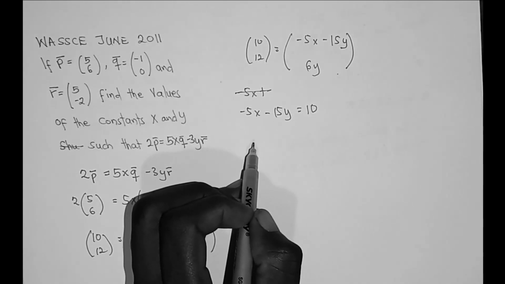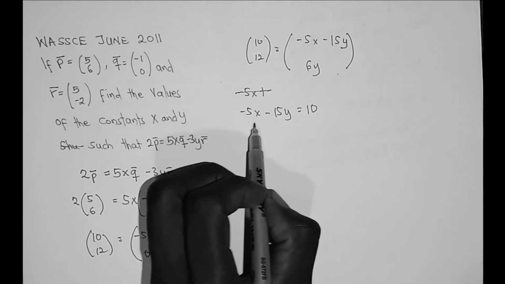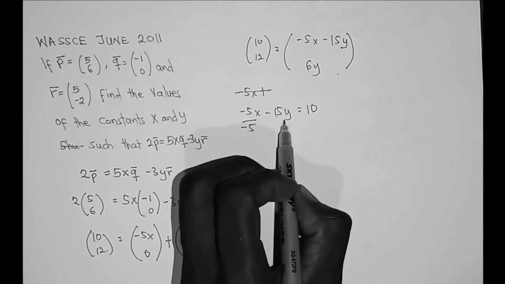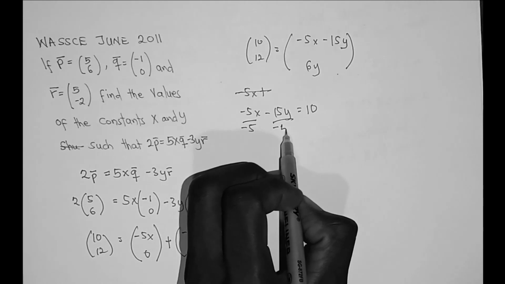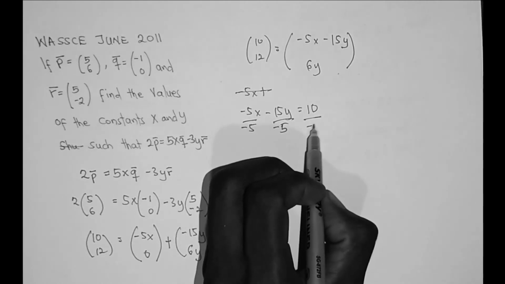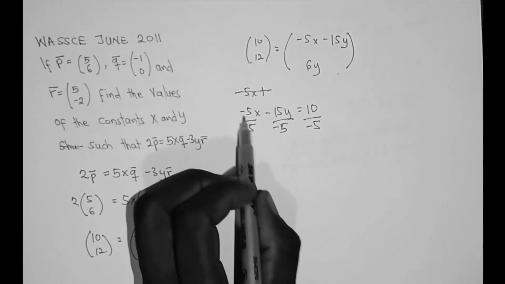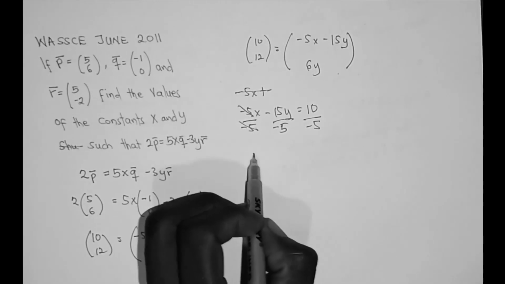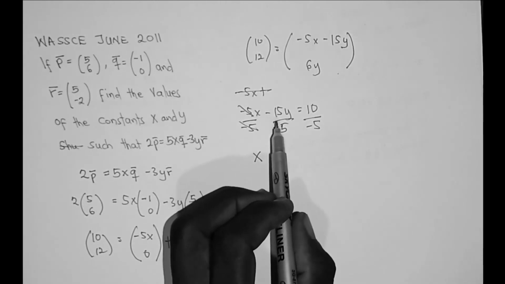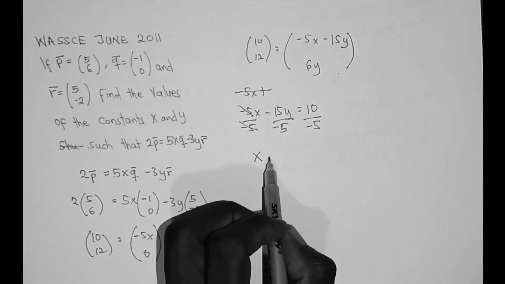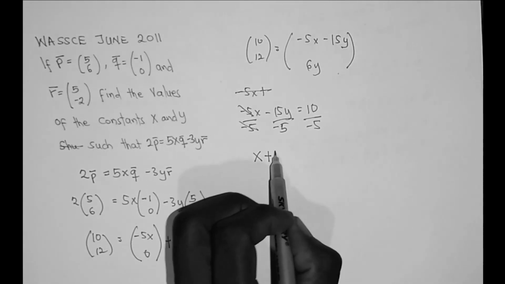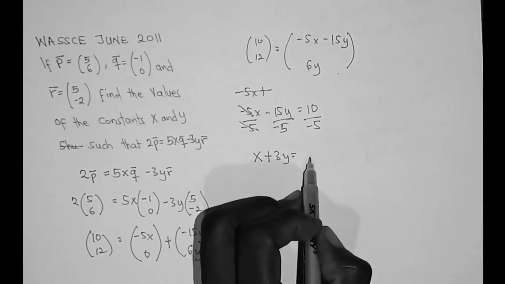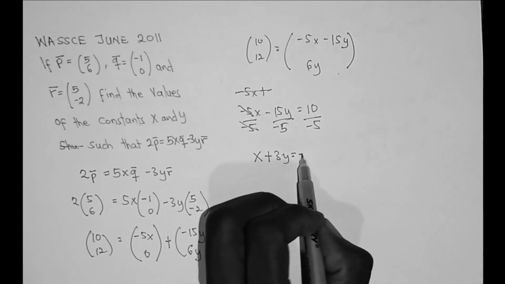So let's divide through by minus 5. Minus 5 and minus 5 cancel, we are left with x. Minus 15 divided by minus 5 is plus 3y. Because 10 divided by minus 5 is minus 2.